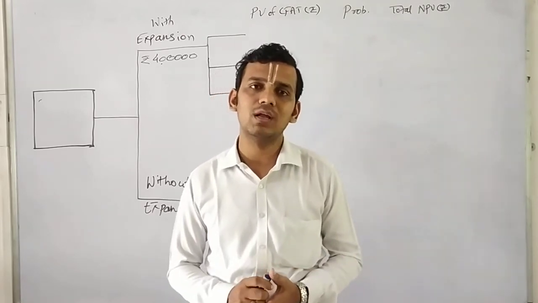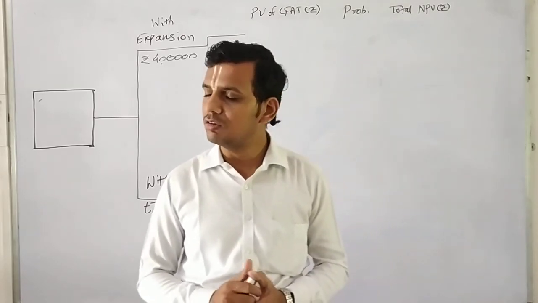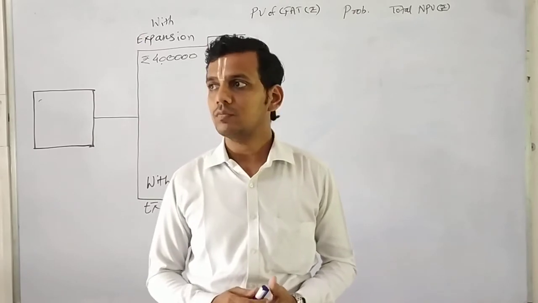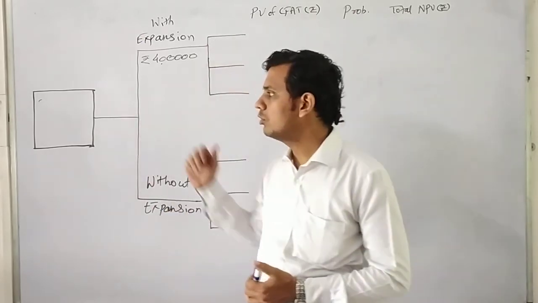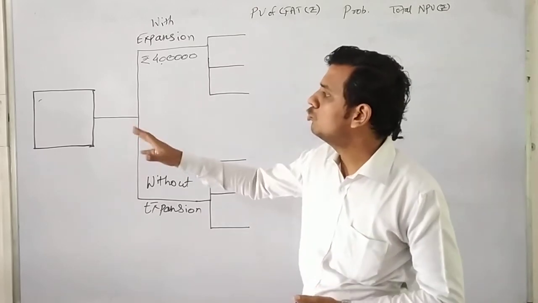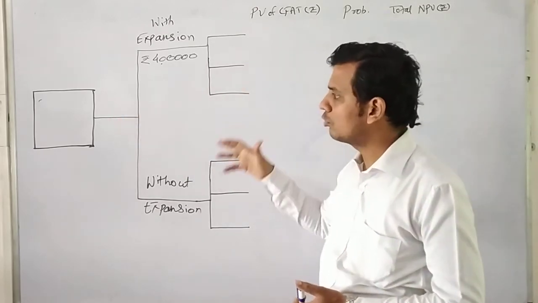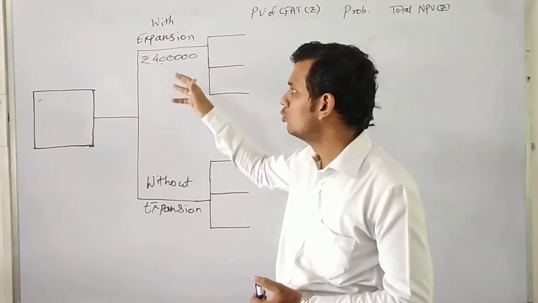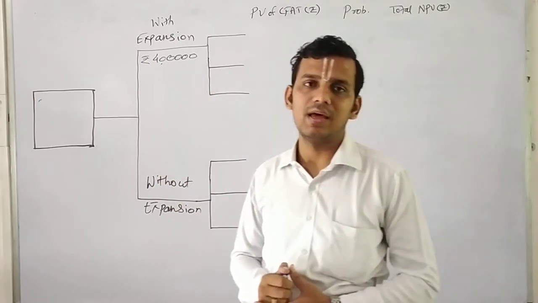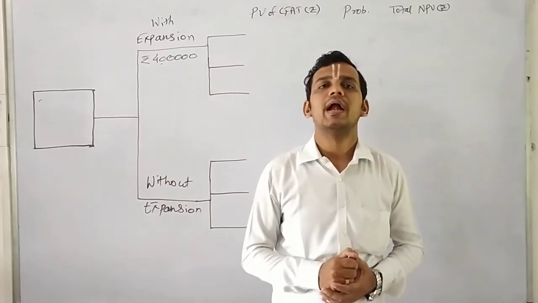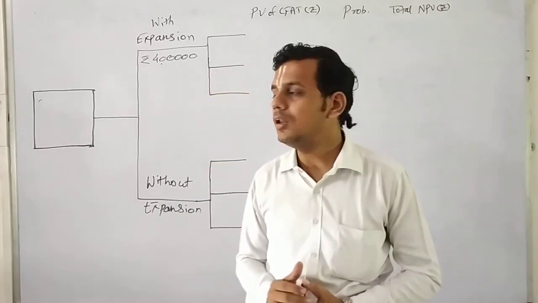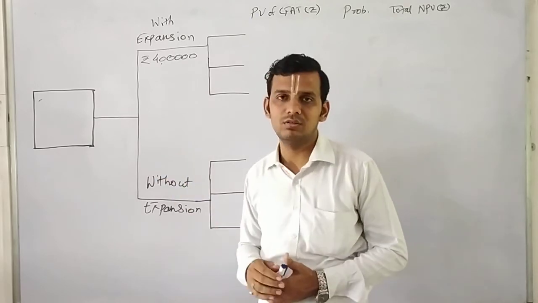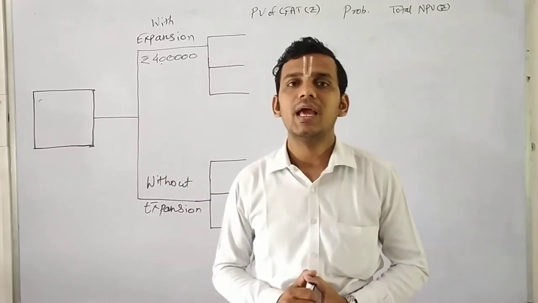We can clearly see from the diagram on the board that it looks like the branches of a tree. There are various nodes which represent certain information, and hence it is like a horizontal tree. That is why it is known as decision tree approach or decision tree analysis.